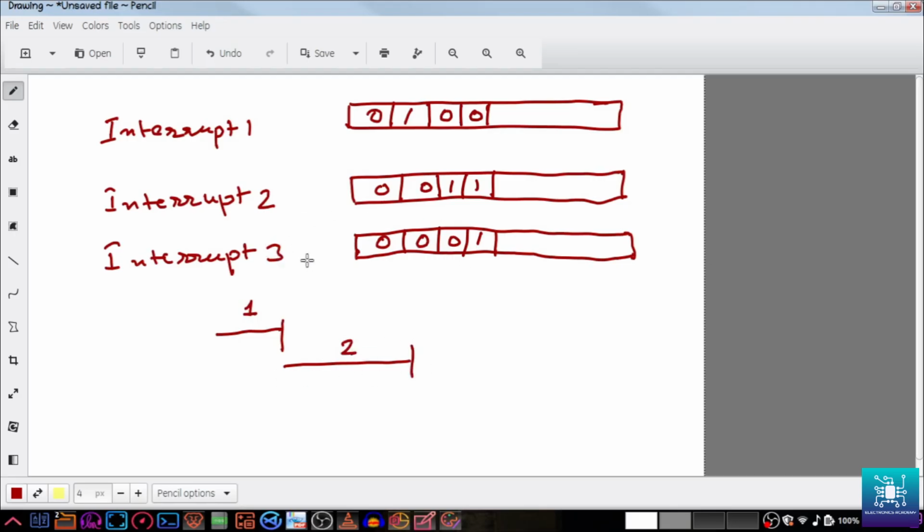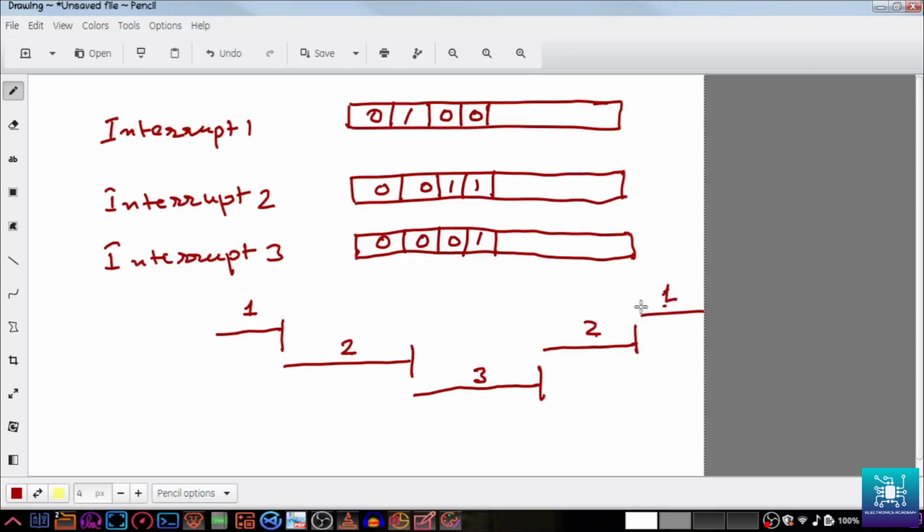Say at that time interrupt 3 comes in with a priority of 1. Obviously that interrupt is going to again preempt interrupt 2 because it has the highest priority. So interrupt 3 starts executing. Once interrupt 3 completes, interrupt 2 completes, and then interrupt 1 completes.